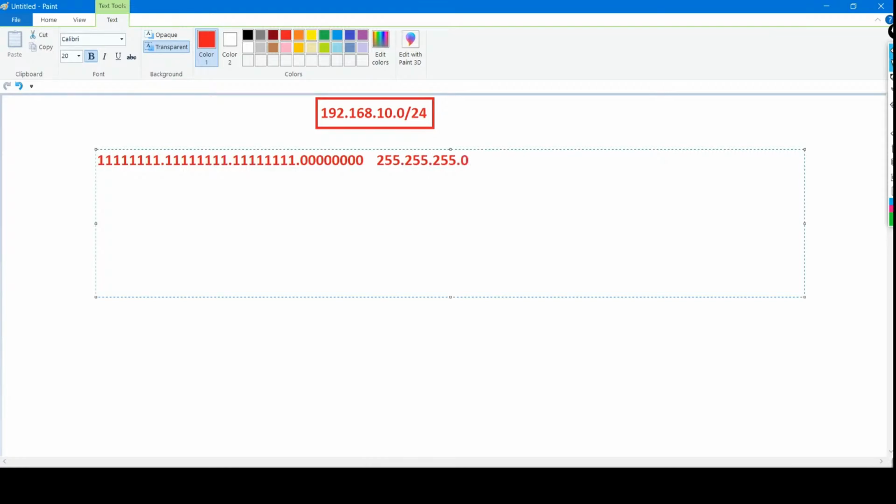As I want to divide this network into 2 parts, I have to borrow 1 bit.